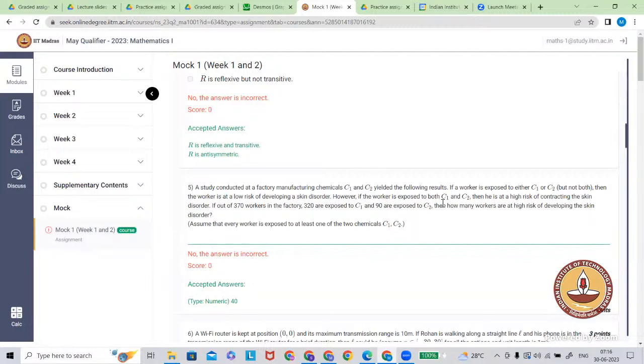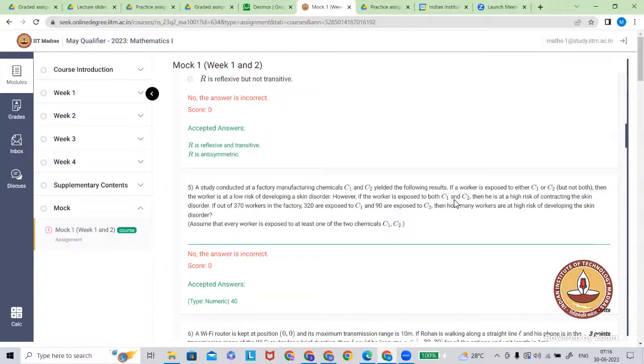The result is as follows: if a worker is exposed to either C1 or C2, exposed means he touches it or by default comes in touch with one of the chemicals, but not both simultaneously, then the worker is at low risk of developing a skin disorder.